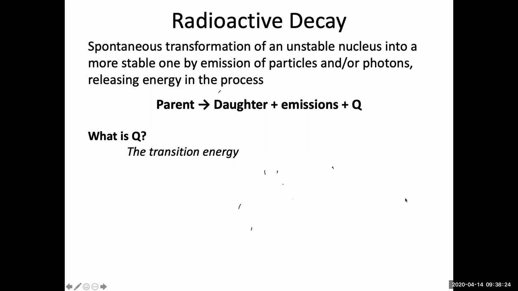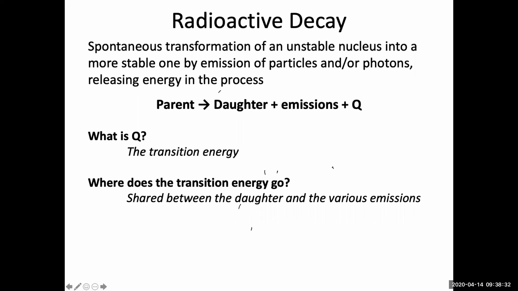Q is the transition energy. Where does this transition energy go? It is shared between the daughter and the various emissions, for example as kinetic energy, divided between the emission and the daughter. So this is called transition energy.